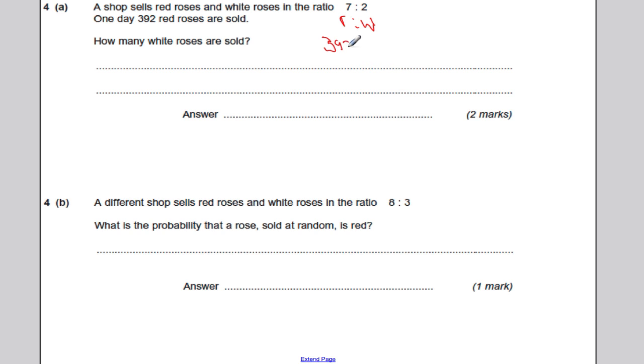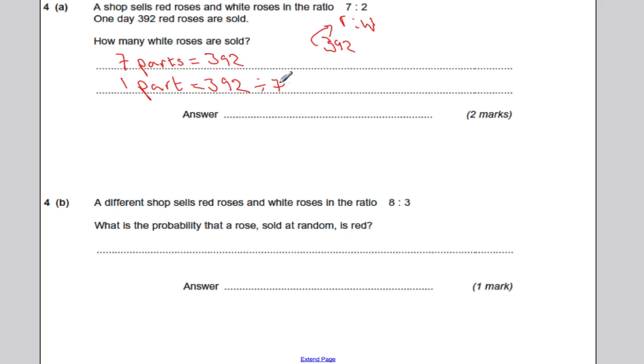392 is the red roses. So what we can say is 7 parts must be equal to 392. That means 1 part is going to be equal to 392 divided by 7.